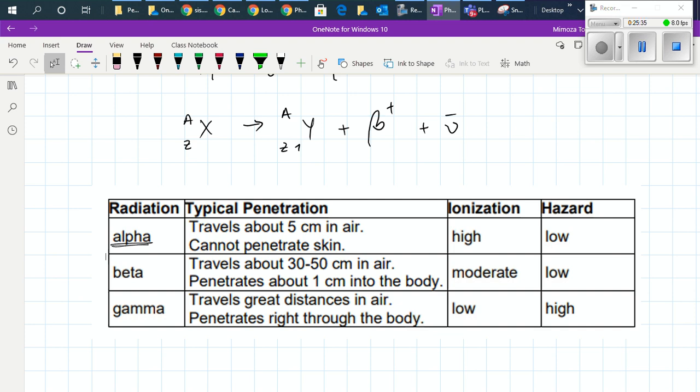Beta, positive or negative, both travel about 30 to 50 centimeters in air and have a low penetration into our body. They can go 2 to 3 centimeters into an aluminum block, and the hazard is as well low, while gamma can travel up to 2 kilometers and can penetrate right through the body of a human being. The ionization is low, but the hazard is very, very high.